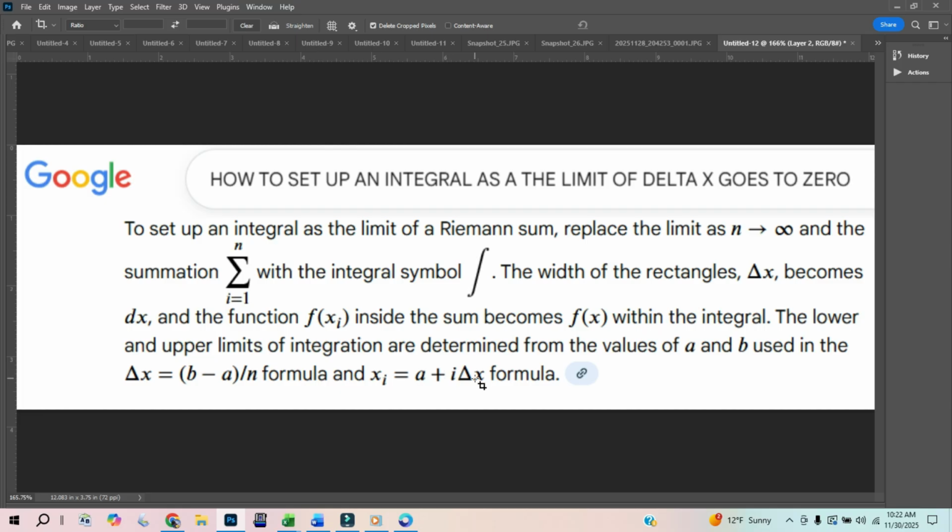The first value would be 1 for I, and then we'd have the change in x. And if change in x is that dx, where it's 1 minus 0 divided by infinity, that gives me the absolute next point in that equation. And so I'm evaluating that next point, just the next point.